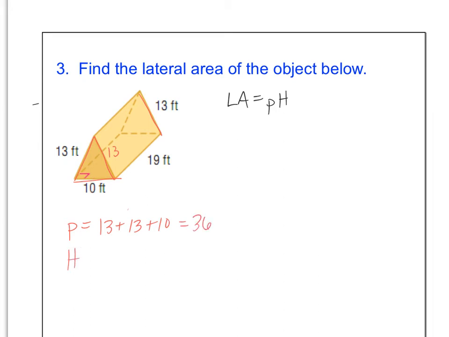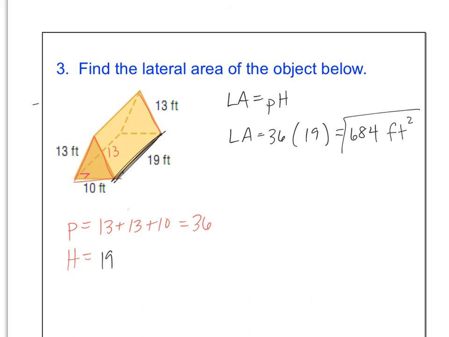The height of the object is the distance between the bases. That's this 19 right here. And so lateral area is going to be 36 times 19, which is 684. And then think about how you label. It's a lateral area, so it's feet squared.